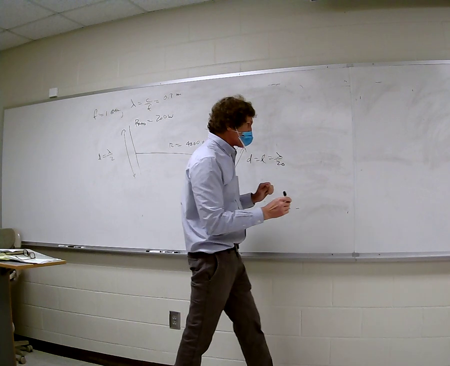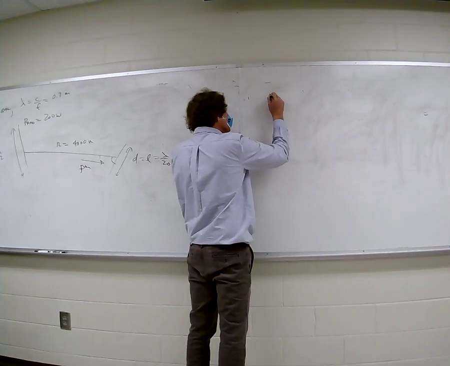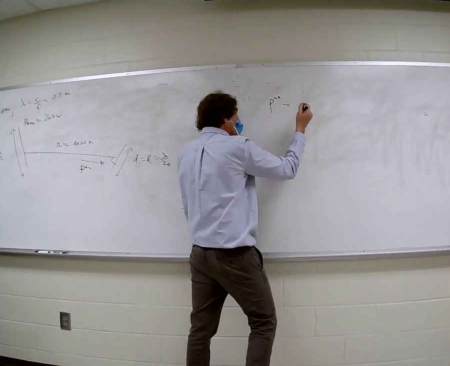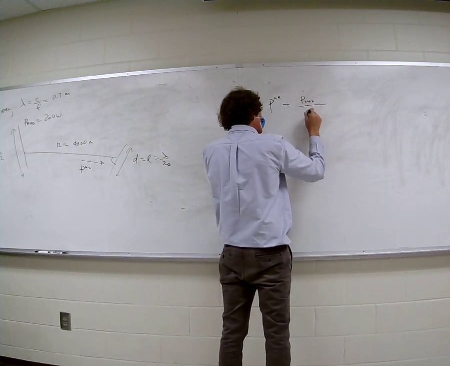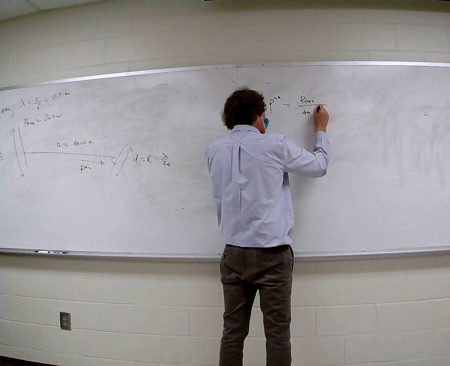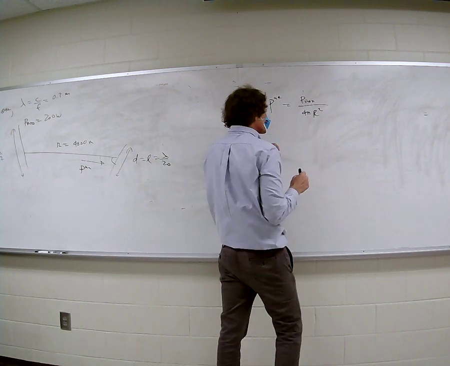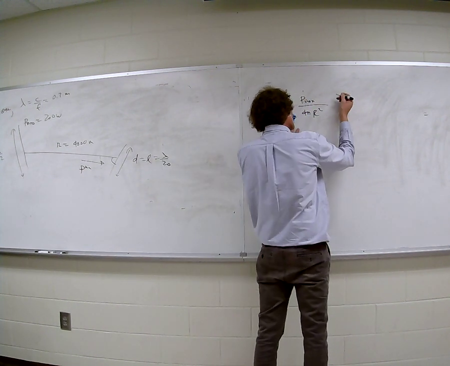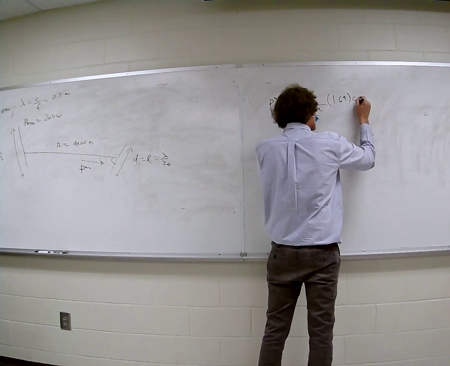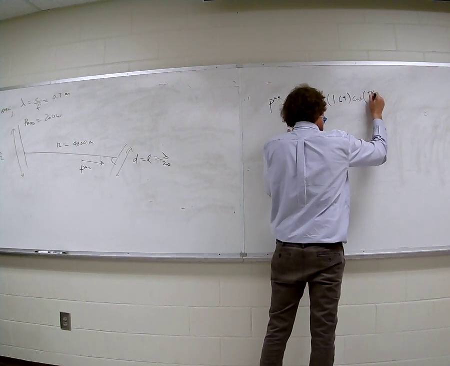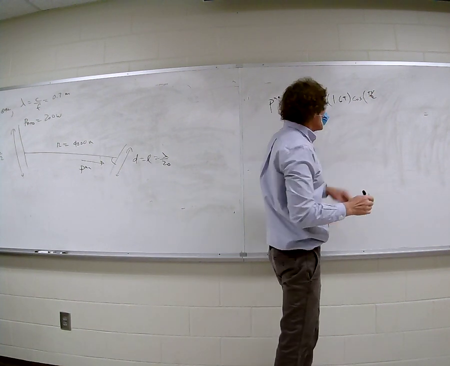So I can say the incident power density, or PAD, would be equal to the radiated power divided by 4 pi r squared. R, of course, is 4,000. And then it's going to be times the directivity, which is 1.64. And then it's going to be the cosine of pi over 2. Now, this should be in radians this time.